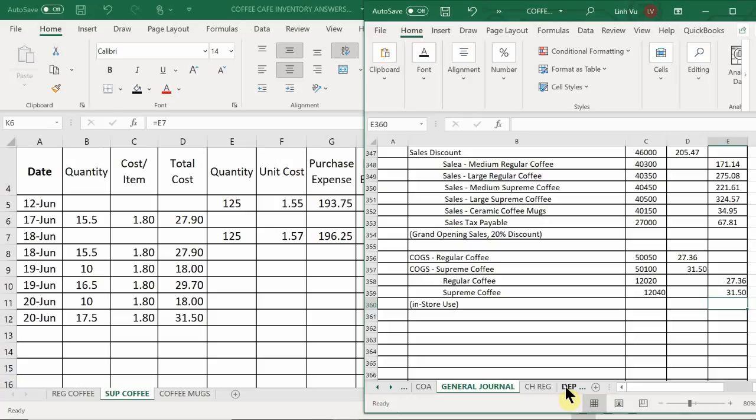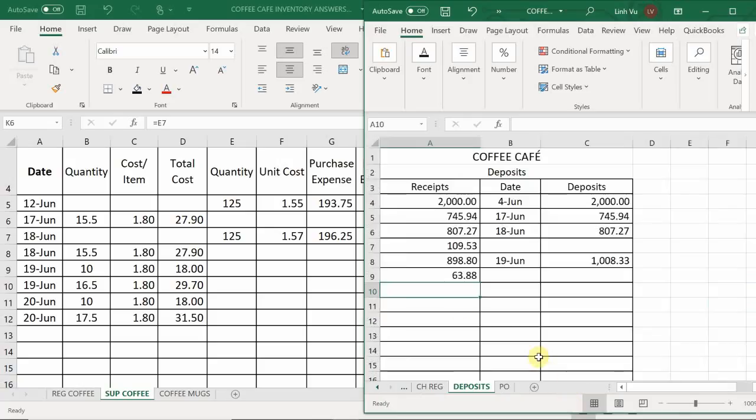So you don't go to the general ledger. I found the deposits. Yes, general journal deposits.